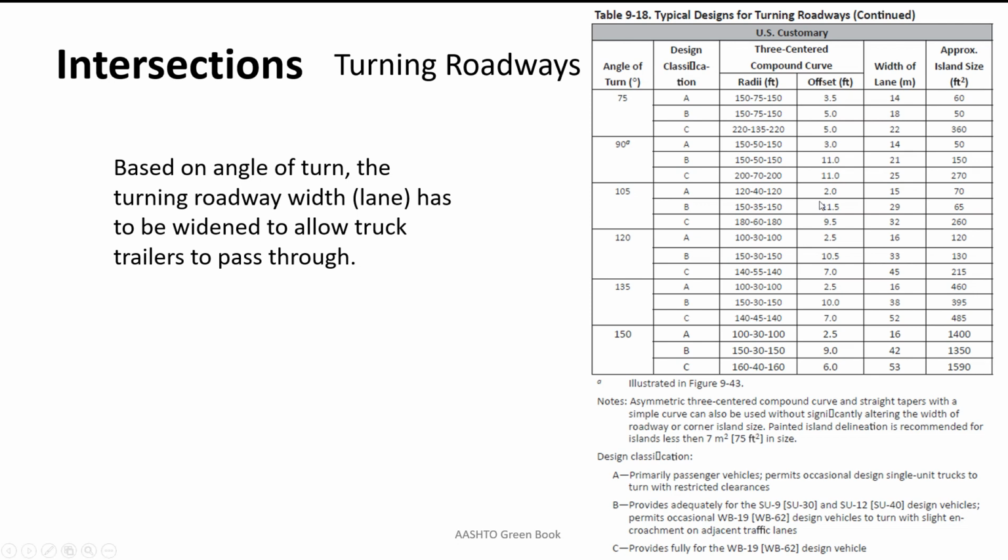The medium-sized semi-trailer. So their class C is large trucks coming through there, and depending on how sharp the turn is, you may need to have a really wide turning roadway. Look at these. It's 38, 52 feet. 42 or 53 feet. It's a huge turn. It's almost turning completely around. This would be a little more normal range, 105, 120-degree turns.